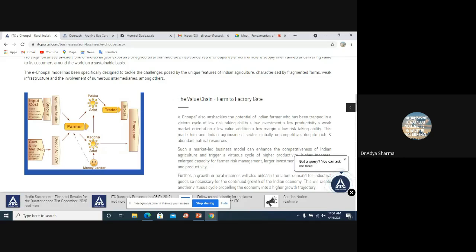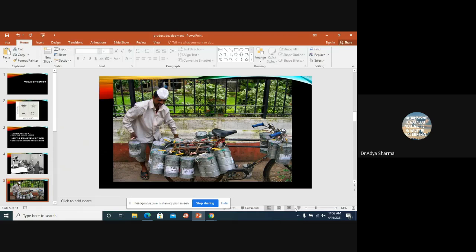Why can't a farmer sell the product directly? And more important, why shouldn't the farmer know what the rates in the mandi are? Why shouldn't the farmer be educated about how to have a better yield and so on? I can just go on and on about innovations that my country has witnessed, and it's just amazing.